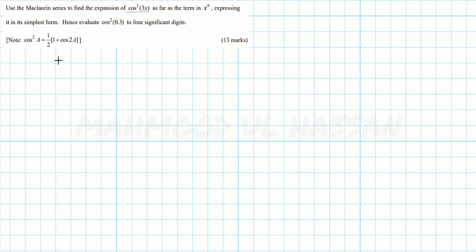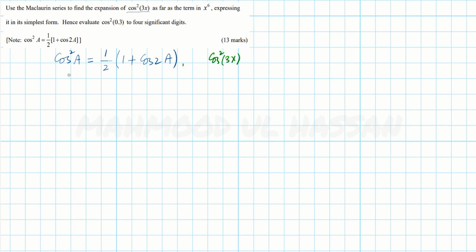Okay, so the identity is cos squared a is equal to 1 upon 2 into 1 plus cos 2a, right? Here we are finding the Maclaurin expansion of cos square 3x.